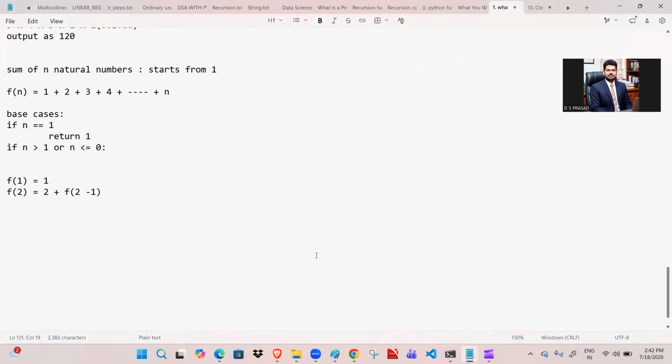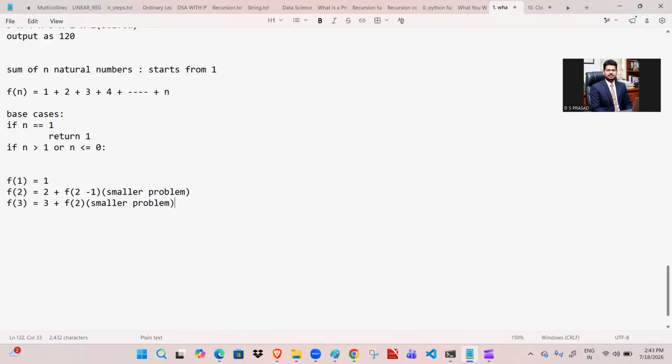So this is a smaller problem. If you take f of 3, it is 3 plus f of 2, and f of 2 takes the remaining cases. Here f of 2 is the smaller version, or smaller problem.